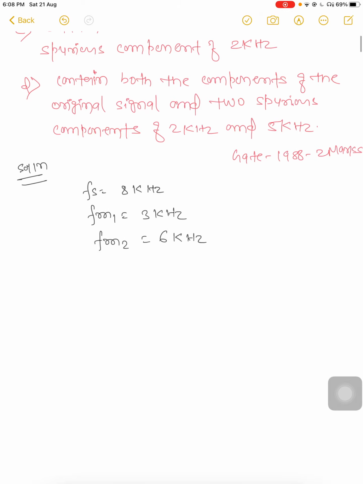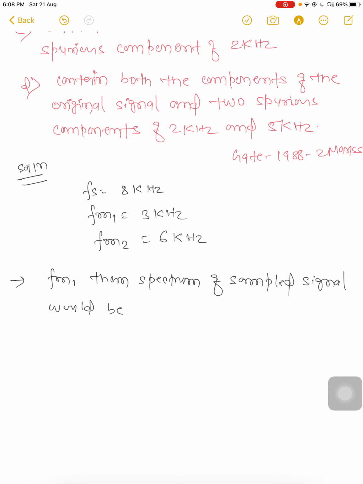There are two signals and the spectrum of the sampled signal would be, so first let us consider fm1, then the spectrum of the sampled signal would be n fs plus minus fm1.